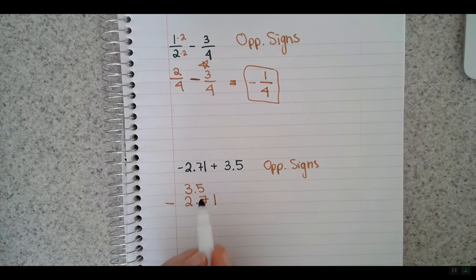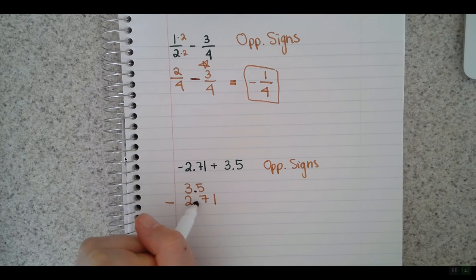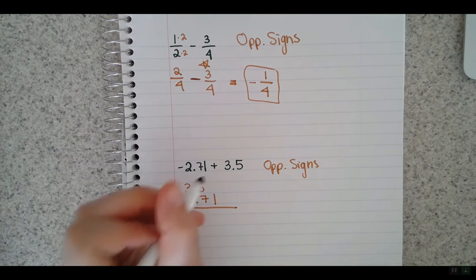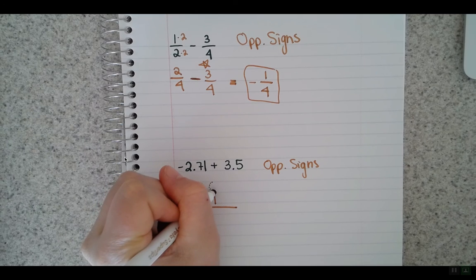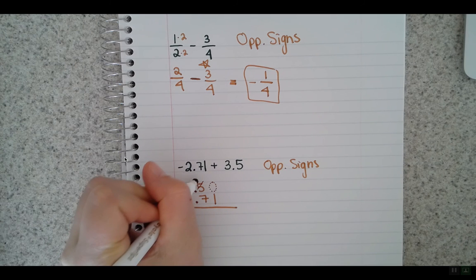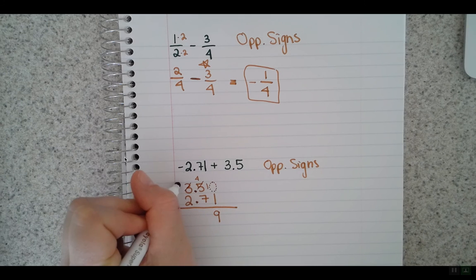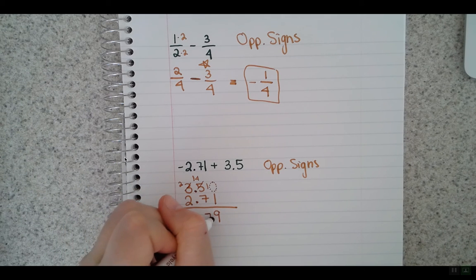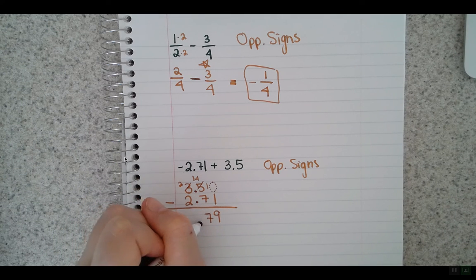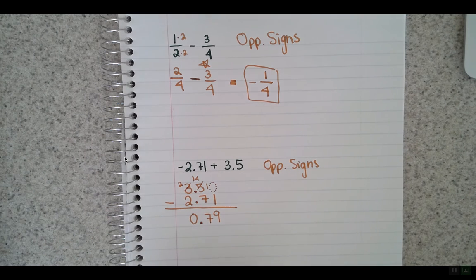Keep in mind, whenever you are subtracting or adding decimals, you have to line up the decimal points. I can fill in this hole with a 0. Okay, now to subtract, I will borrow, bring my decimal point straight down in a line, and I get 0.79.